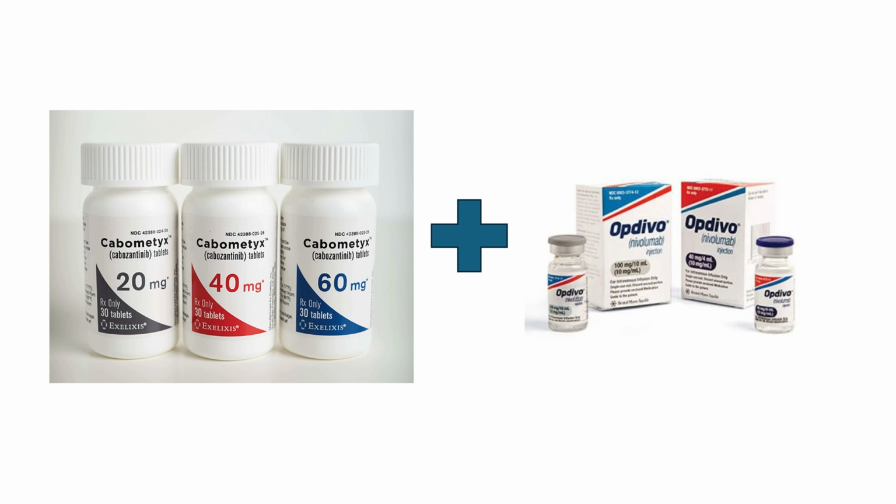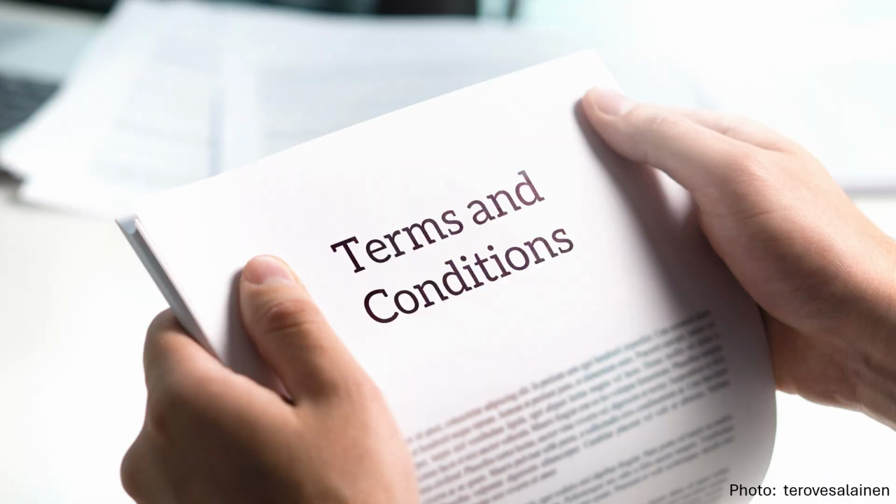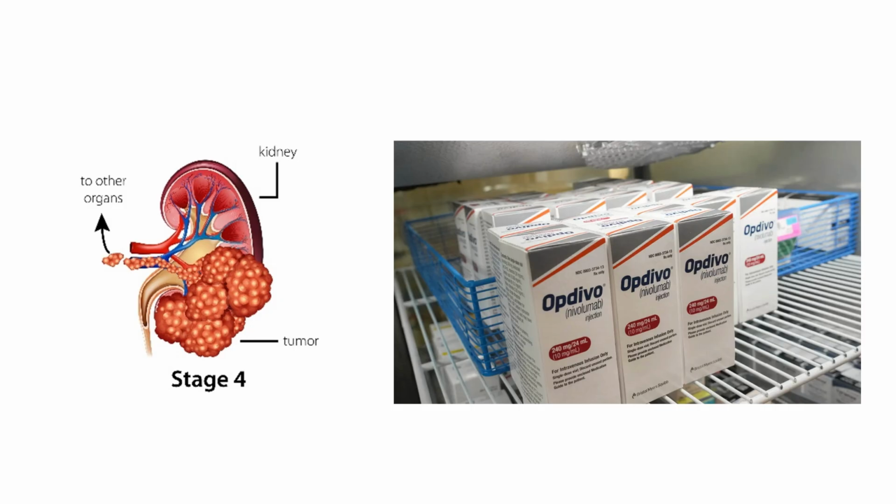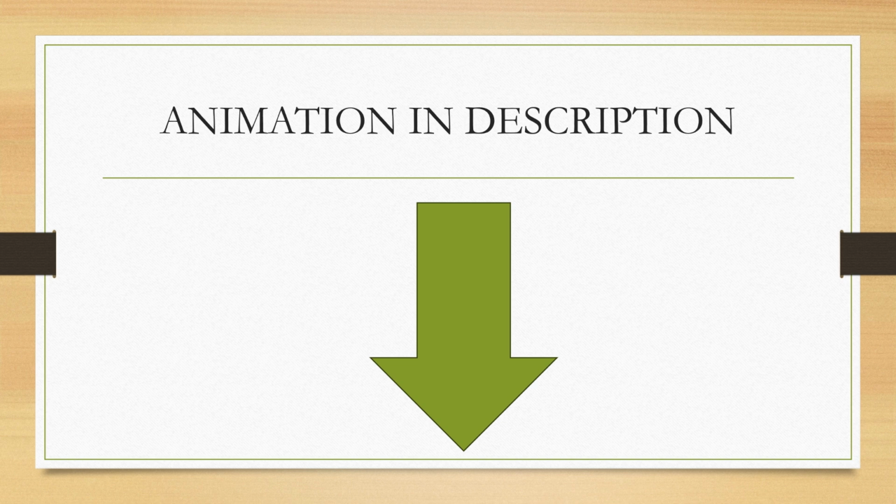And this is also a good example of the stipulations necessary to receive Cabometyx as a patient. You'll need to progress to the advanced stage of renal cell carcinoma, and will also need to simultaneously receive Opdivo. Exelixis has made a great video animation that illustrates how both Opdivo and Cabometyx work together to combat ARCC, and I put a link to that in the description below the video.